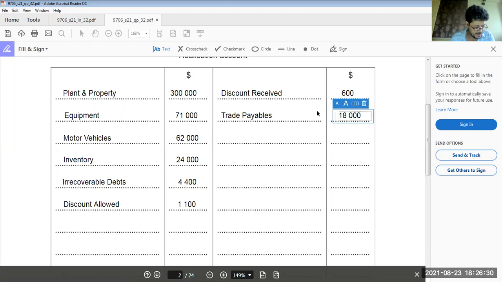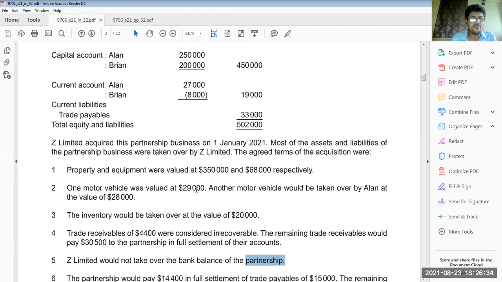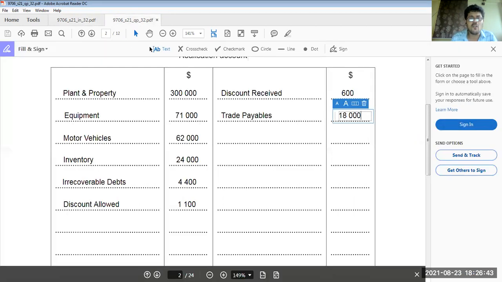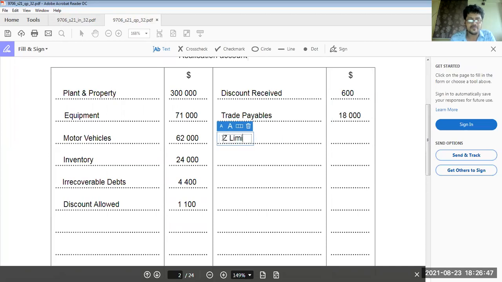Okay. Now, the purchase consideration is $500,000. So it's going to be recorded over here. Z Limited. The purchase consideration $500,000. Done.